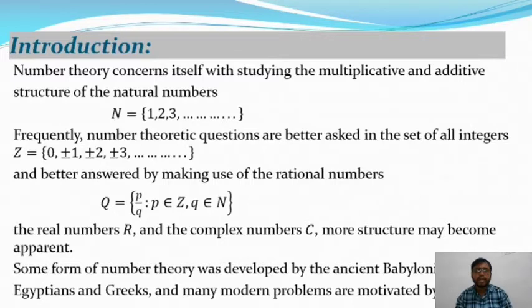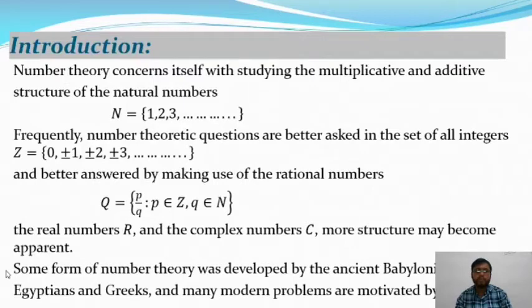The set of natural numbers and the set of integers are both subsets of the set of rational numbers. The set of real numbers is denoted by capital R, and the set of rational numbers is a subset of the set of real numbers. As well, the set of complex numbers is denoted by capital C, and the set of real numbers is a subset of the set of complex numbers. So more structure may become apparent.